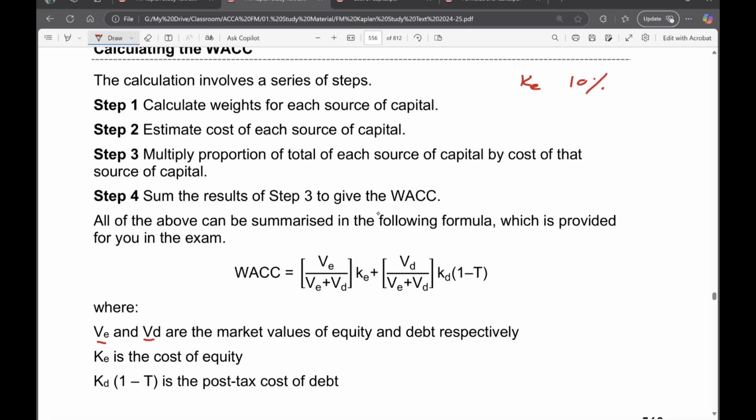And we find our cost of debt as well. Let's say our cost of debt is 6%. We find both of them already.